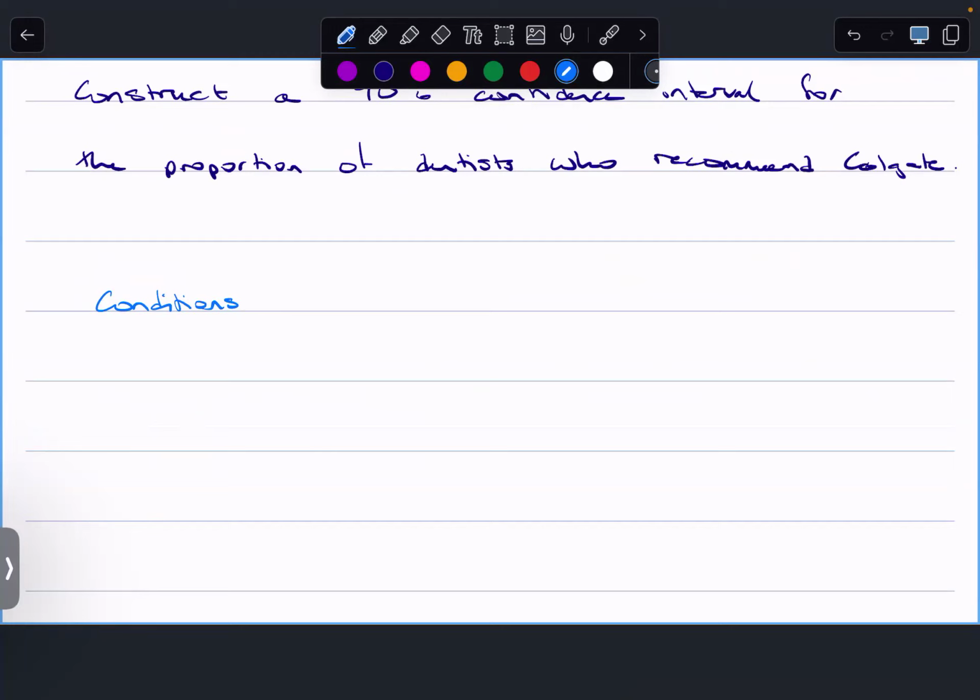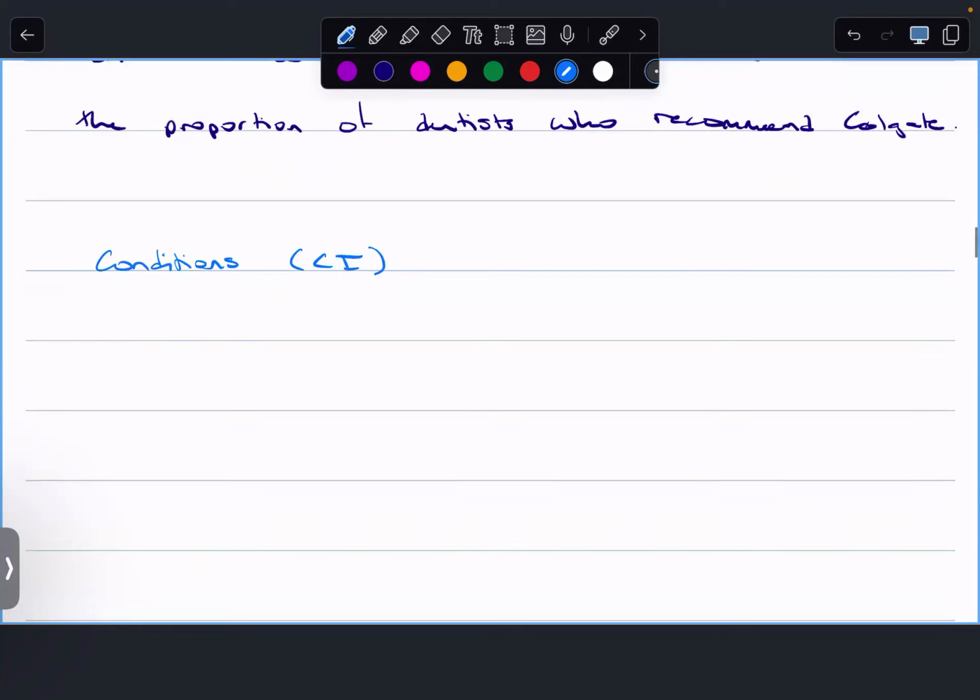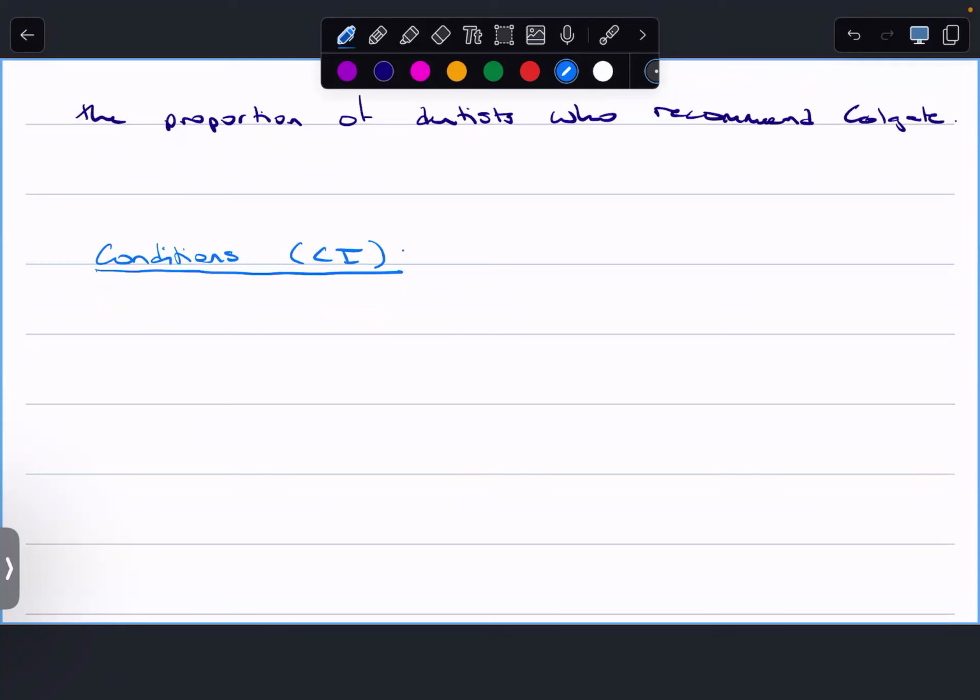So for now, just a confidence interval, but I'll write confidence interval in brackets to remind myself, because it will be slightly different, ever so slightly. Should I show you the bare minimum that you would do? Let's do it.